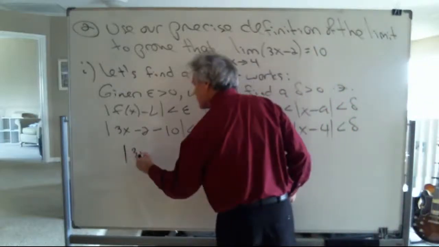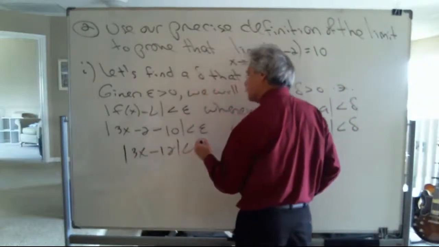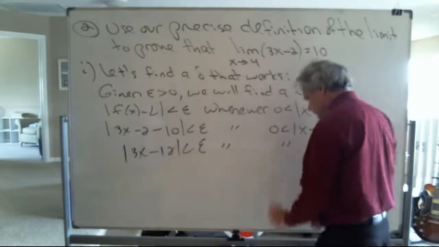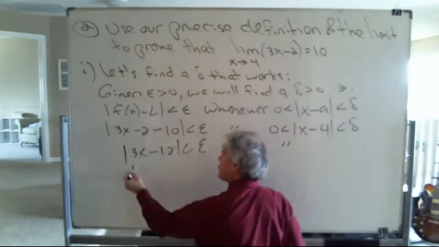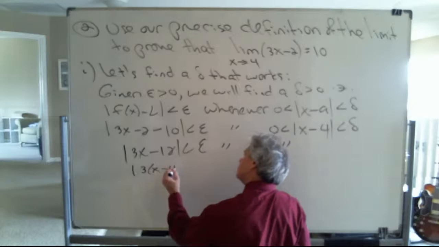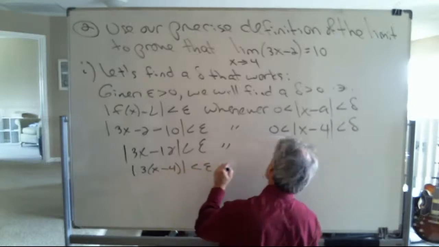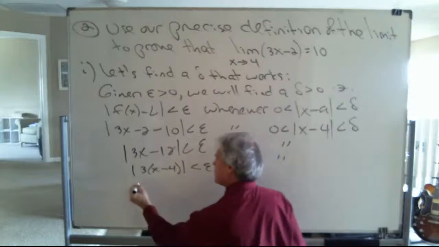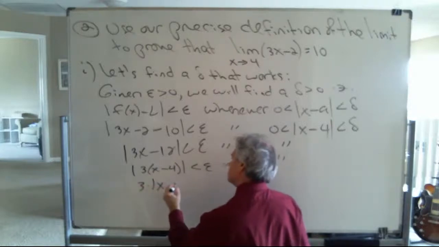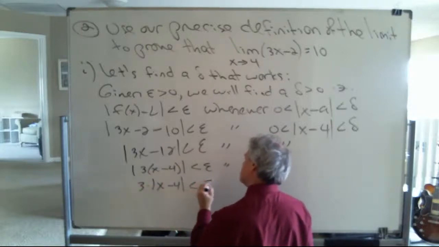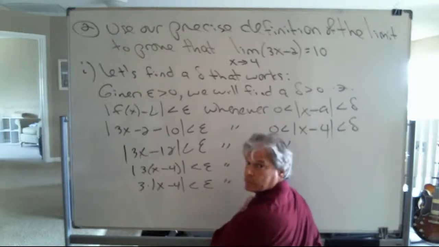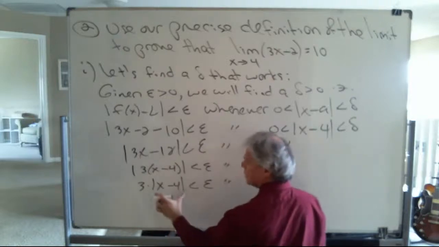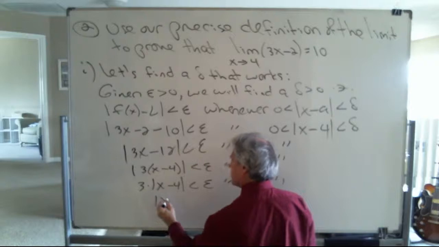Combining like terms. Factoring. The absolute value of a product is a product of two absolute values. Isolating this in my inequality.